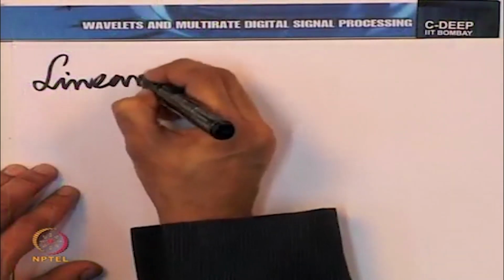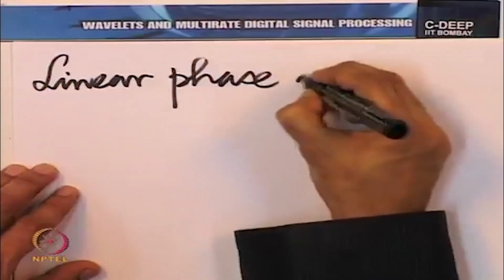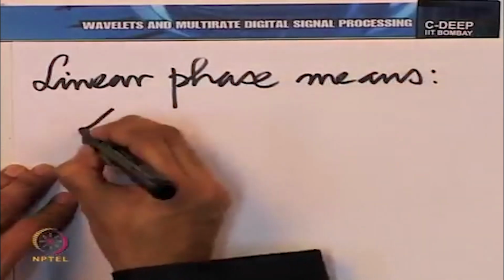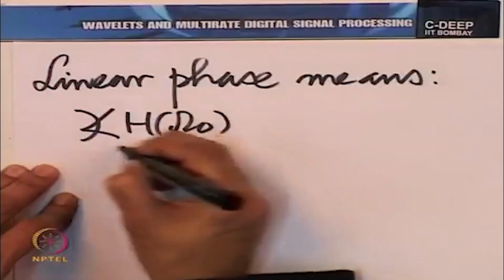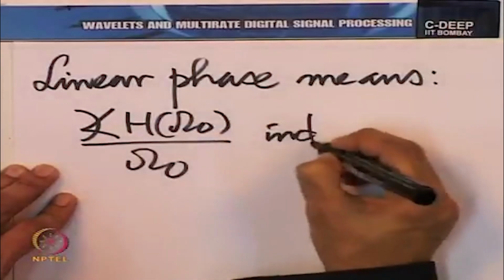Now, if you must live with a phase response, what kind of a phase response would you like to live with? You would like to make sure the phase response does not treat different frequencies differently. So, if it has to shift a sine wave in time, so be it, but then shift all sine waves by the same time, and that is exactly what we are saying when we talk about linear phase. Linear phase means angle H(Ω₀) by Ω₀ is independent of Ω₀.